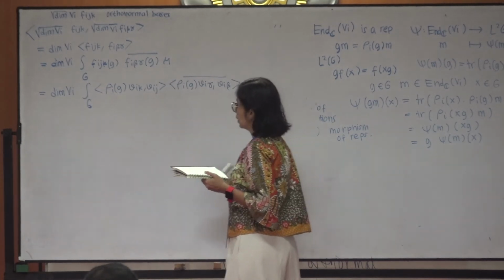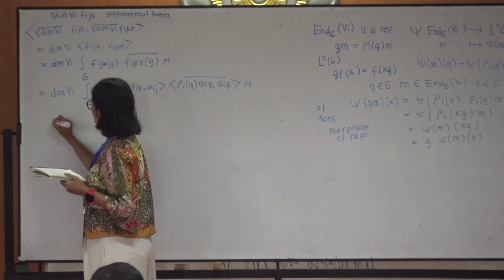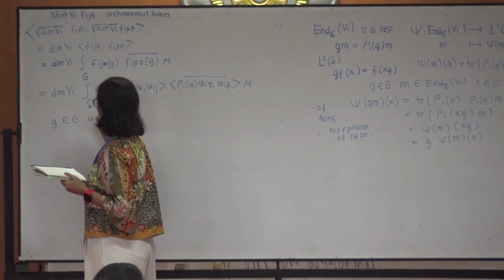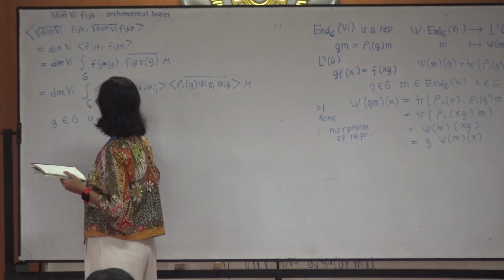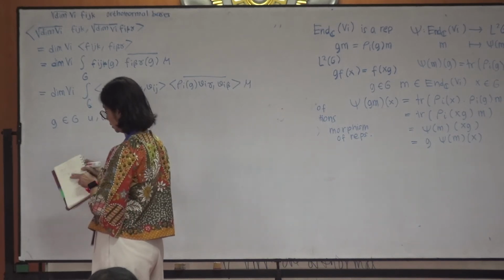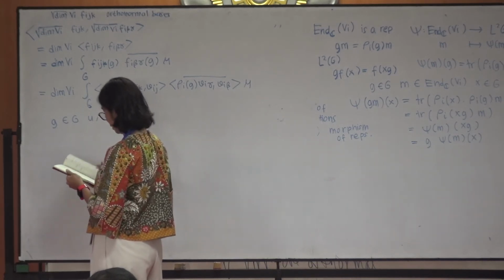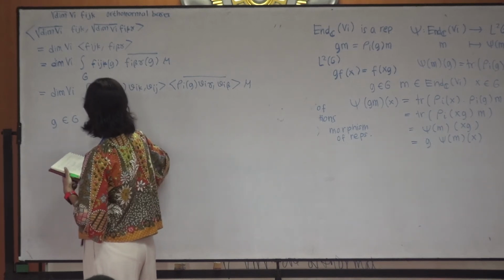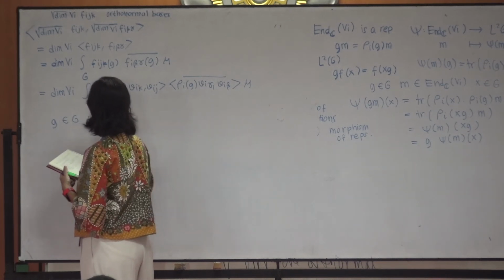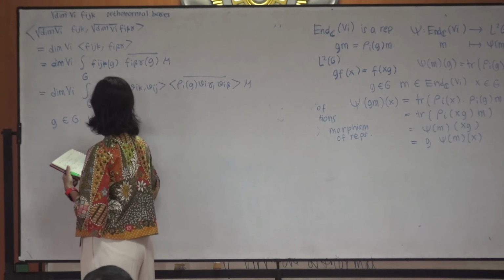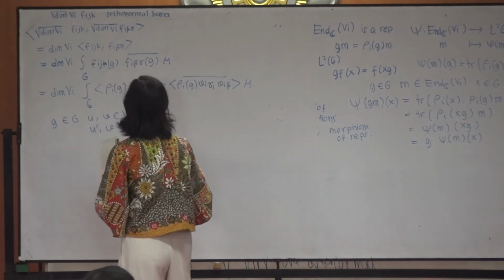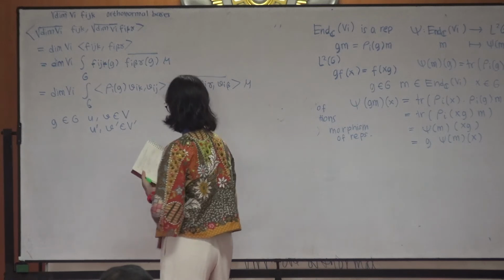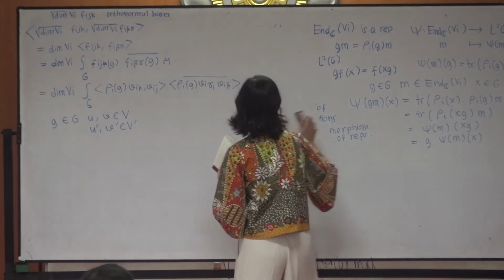And to make it simple, let us now compute, let's take g in G, u and v in V, and u prime and v prime in V prime. Let us see this first.